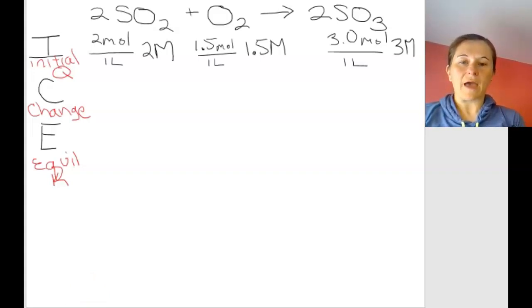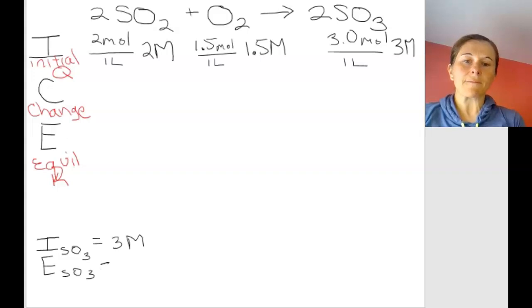So they're telling us that our initial concentration of SO3 is 3 molar, and at equilibrium our SO3 is 3.5.